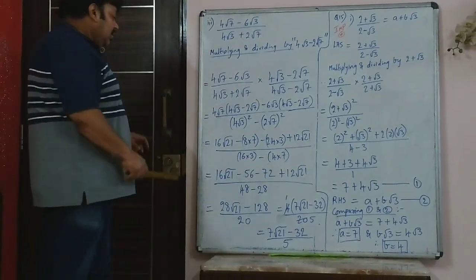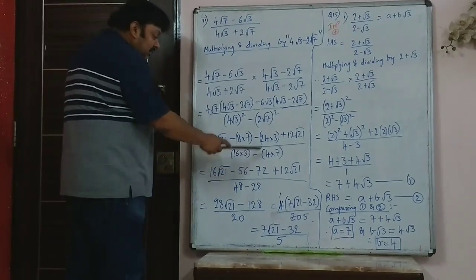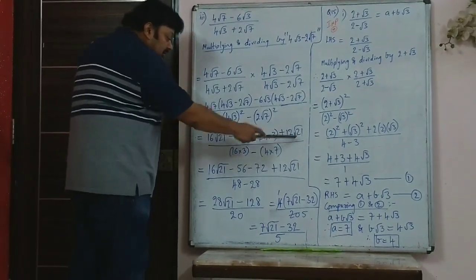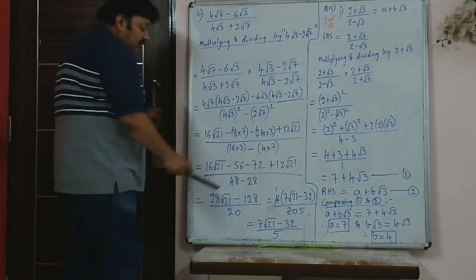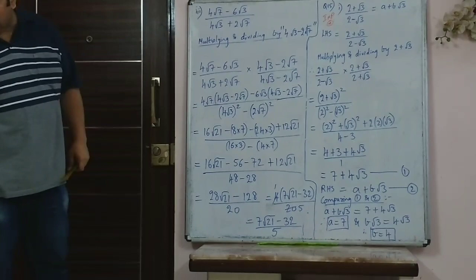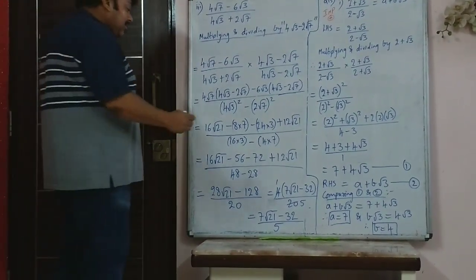So now here this becomes 16 root 21 minus 56 minus 72 plus 12 root 21, 48 minus 28. Now when you have such numbers, you have to group the numbers which are identical.